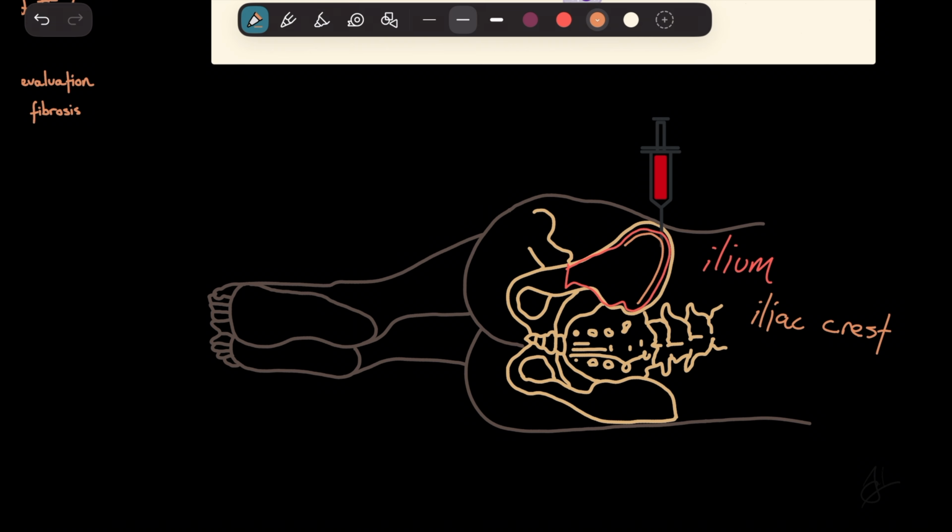And it's actually very palpable on yourself, you can feel it sticking up. So if you can feel it with your thumbs, then a trained physician is probably quite capable of stabbing that bone and accessing the marrow within.